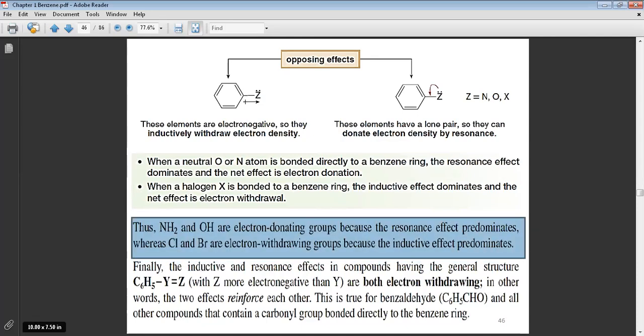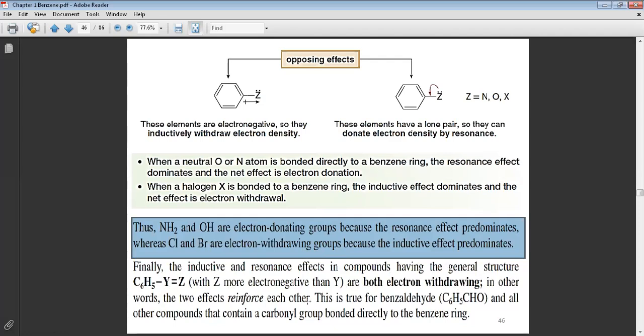Finally, the inductive and resonance effects in compounds having this general structure. For example, a carbonyl group with Z having more electrons than Y: both are electron withdrawing. In other words, the two effects reinforce each other.